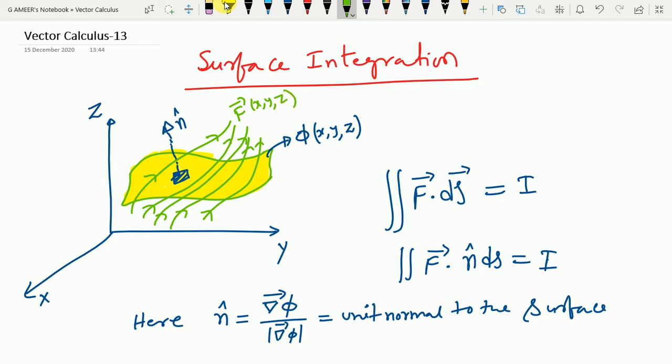So we need to calculate how this field is linked with this surface. You can say it is a circulation of this field across the surface. So it is defined as the scalar product of the field with the area vector. The area vector is simply the normal drawn to the surface.